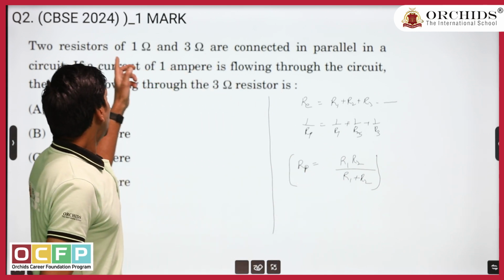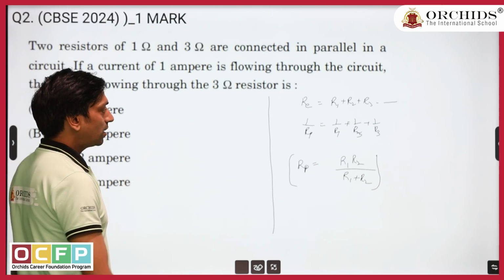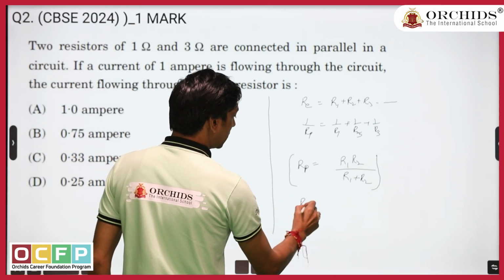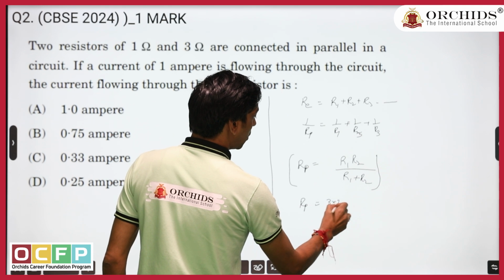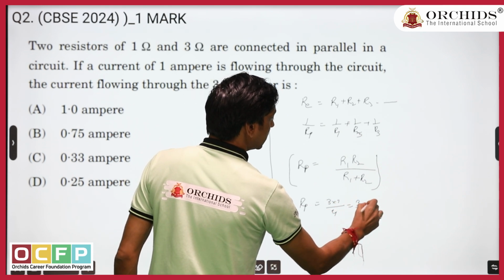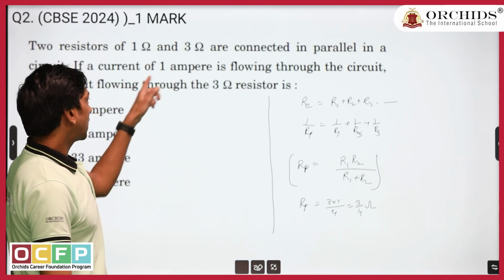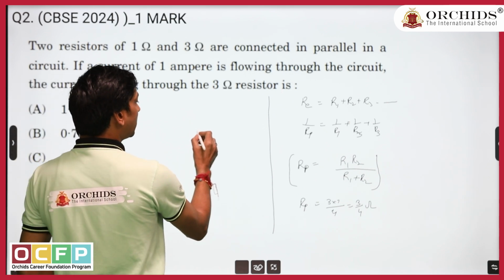In my question, the resistances of 1 and 3 ohm are connected in parallel, so my overall resistance is 3 into 1 upon 3 plus 1, that is 4. So I can say 3 by 4 ohm is the overall resistance for the parallel combination. Now, how much current is this circuit drawing?